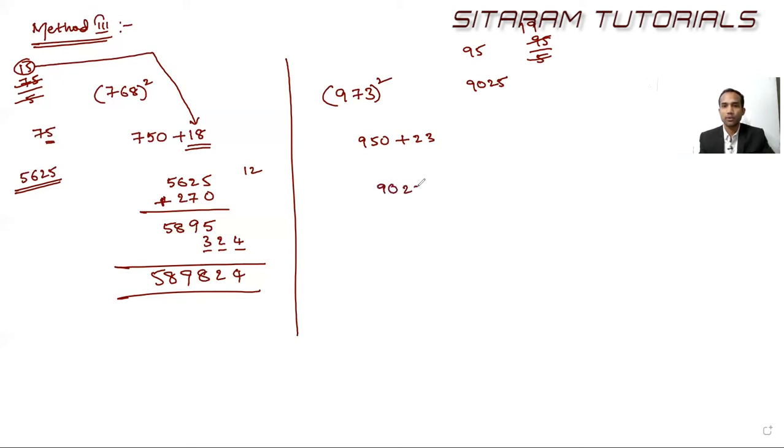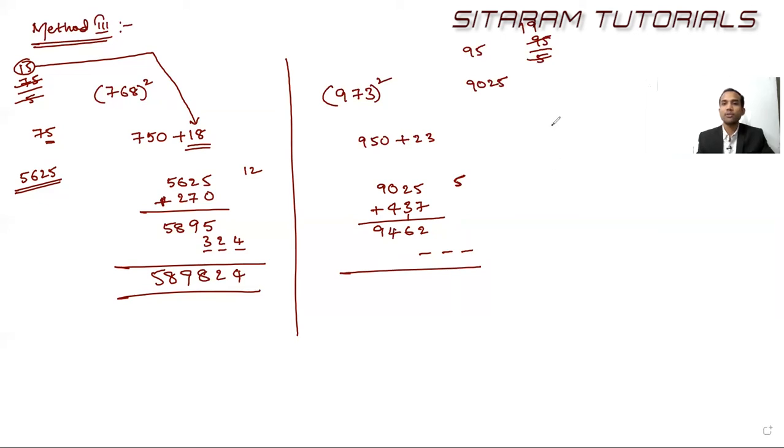So 9025. 19 into 23: 9 3s are 27, 19 3s are 57, 19 2s are 38, 38 plus 5, 43, and it should be added. So this is 12 and this is 6, this is 4, this is 9, and 23 whole square we need to write here. 23 whole square is what?